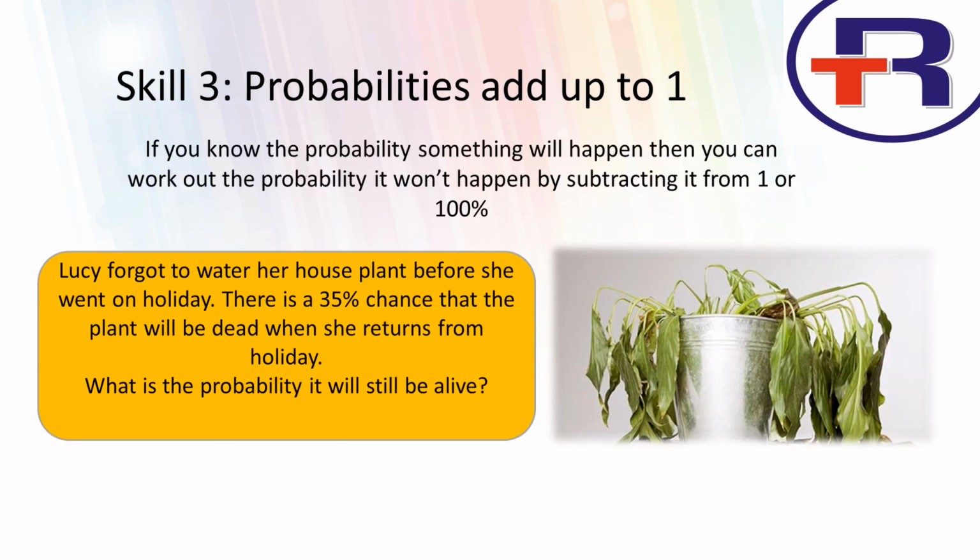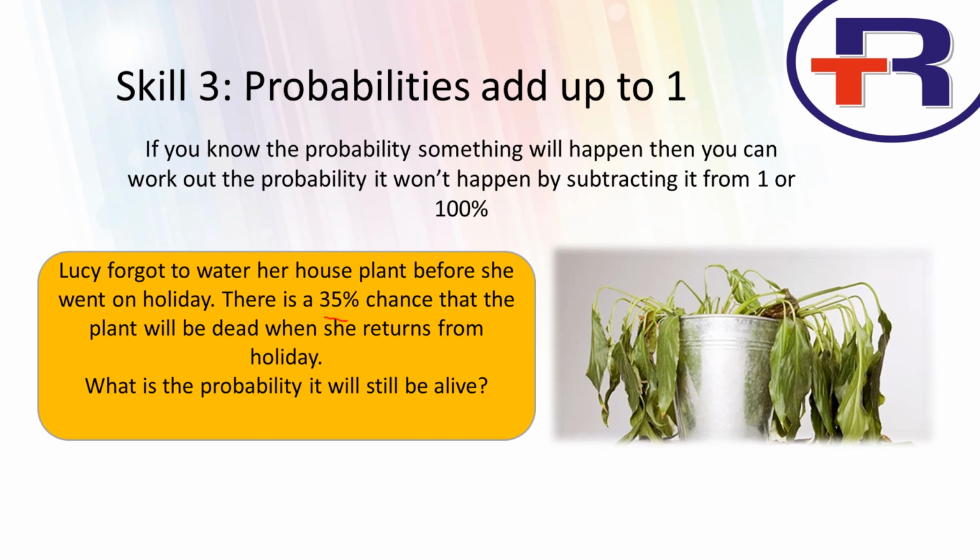The third skill that we need to know is that probabilities only add up to 1. They never go above 1. So if you know the probability of something that will happen, then you can work out the probability that it won't happen, and vice versa. And you can do that by subtracting it from 1 or 100. So for example, Lucy forgot to water a houseplant before she went on holiday.